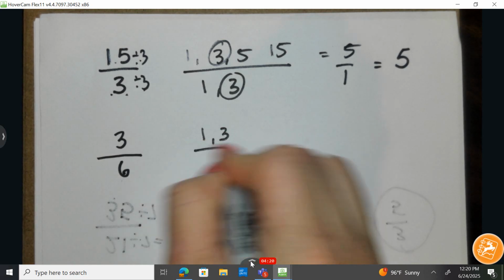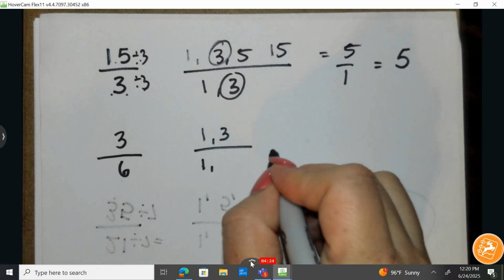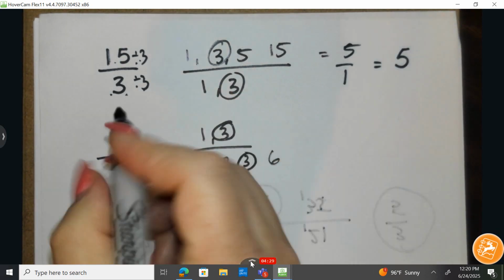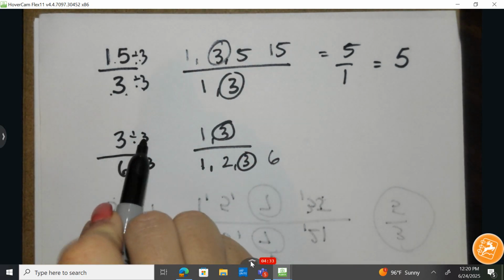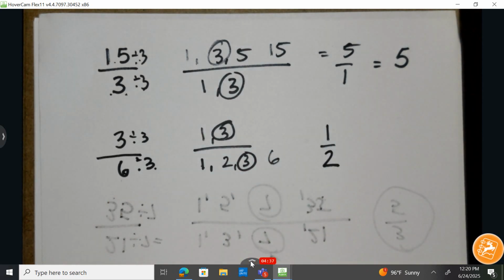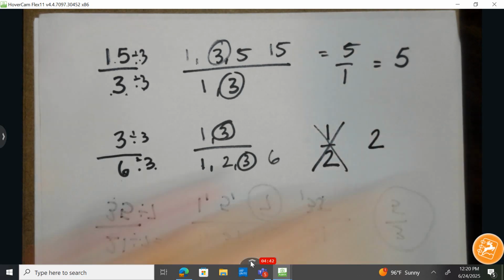In their mind, they're thinking of the factors of 3 and 6. 1 times 3 is 3, 1 times 6 is 6, and 2 times 3 is 6. And they recognize they can divide both by 3. Now here's where the mistake is made. 3 divided by 3 is 1, and 6 divided by 3 is 2. But that's not what I see a lot of students write down. I see a lot of students reduce this as simply 2.